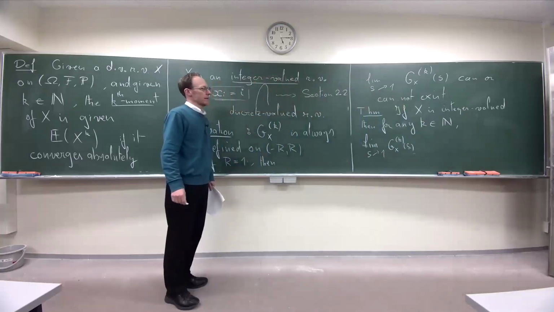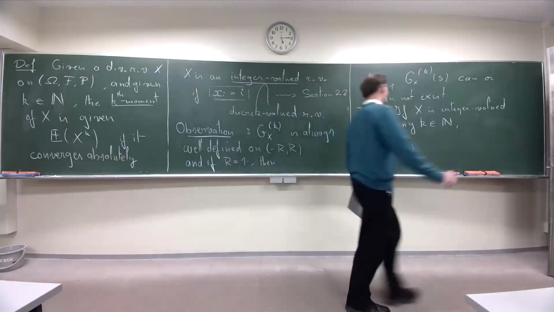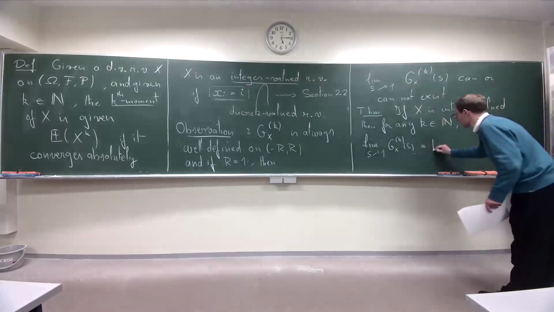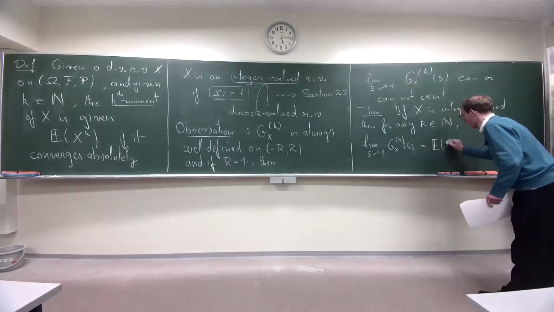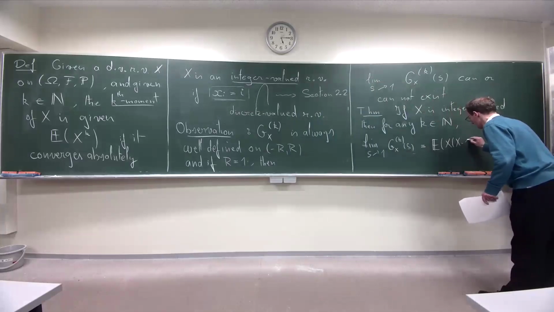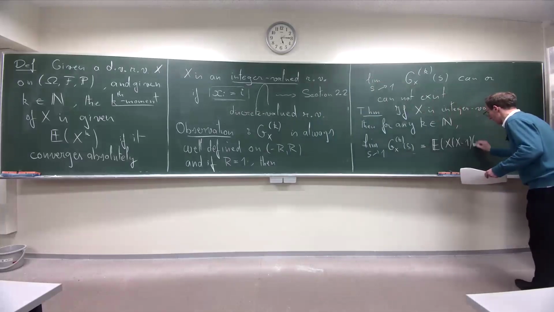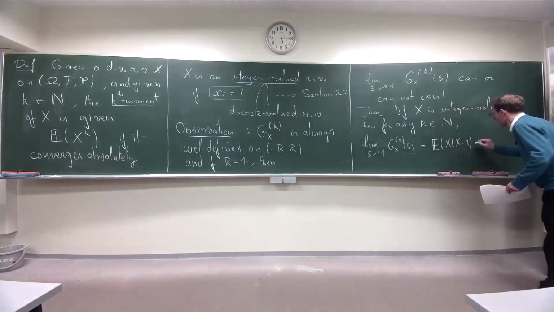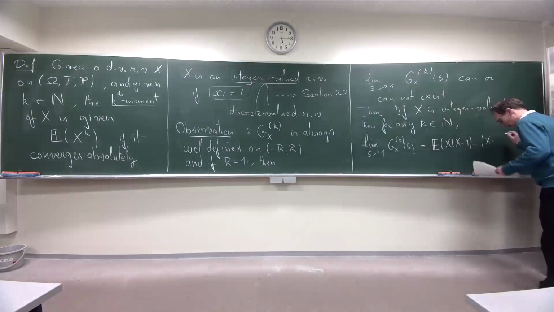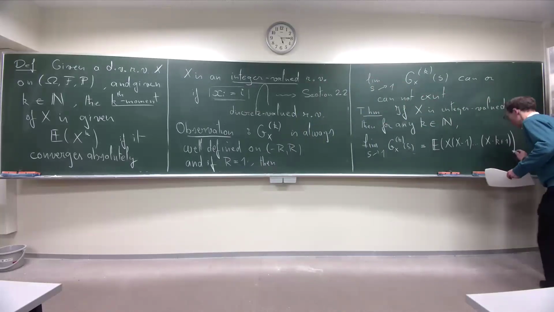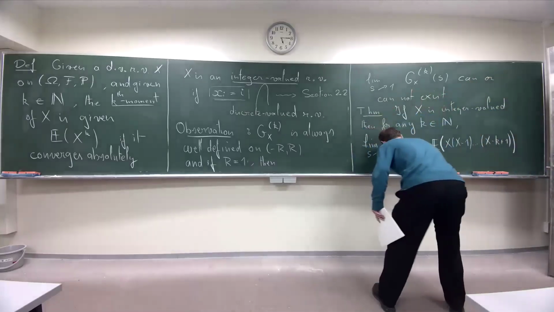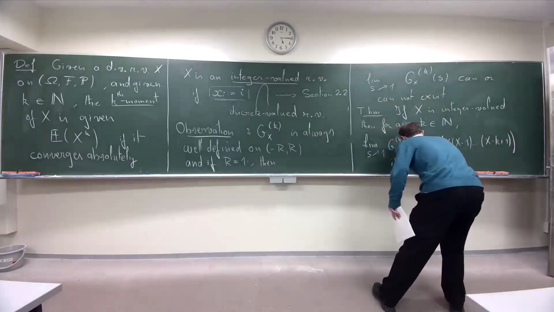I'm relating this k-th derivative of this probability generating function to this expectation of X times X minus 1 times ... times X minus k plus 1, if they exist.